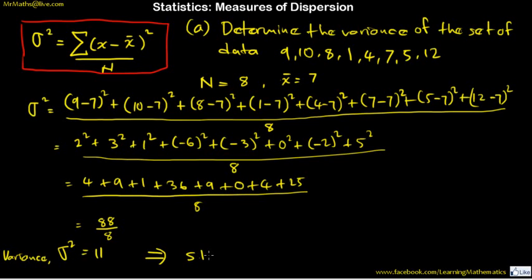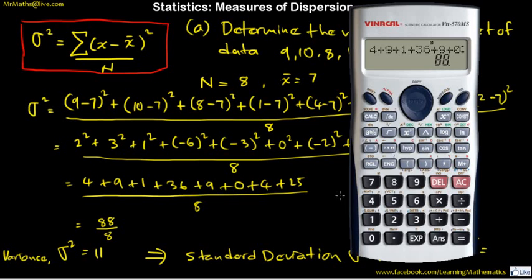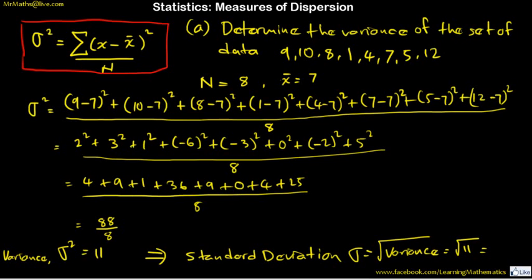Standard deviation sigma is equal to the square root of variance. Then the square root of 11 is equal to 3.317.